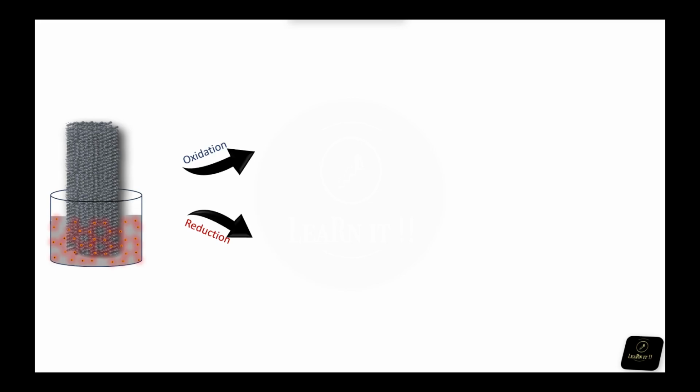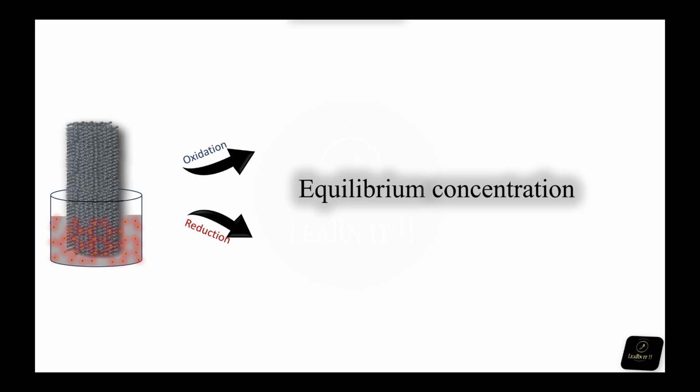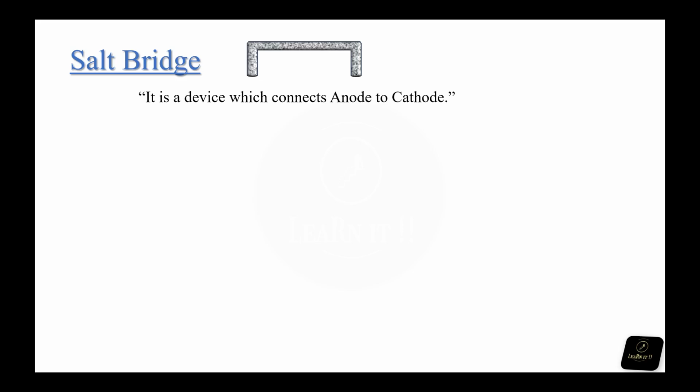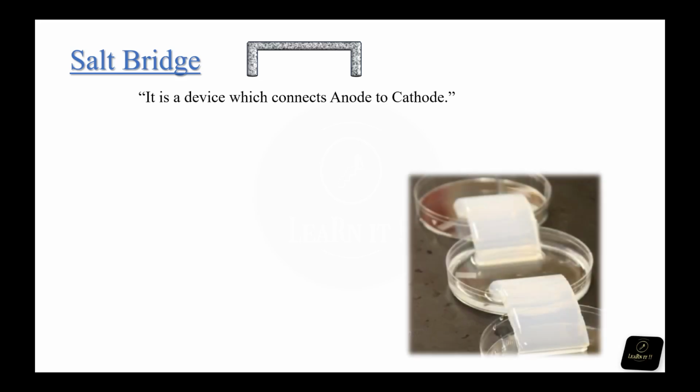This process continues until the concentration of the solution becomes the equilibrium concentration. So the next component of the galvanic cell is the salt bridge. Salt bridge is a device which connects the anode to the cathode.